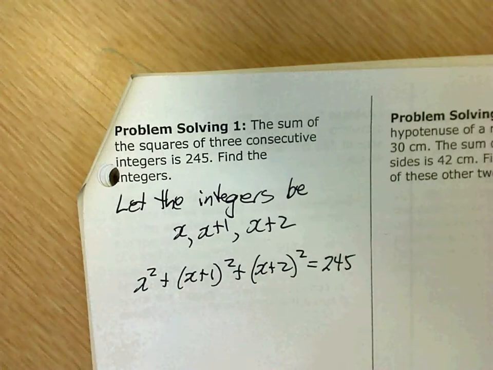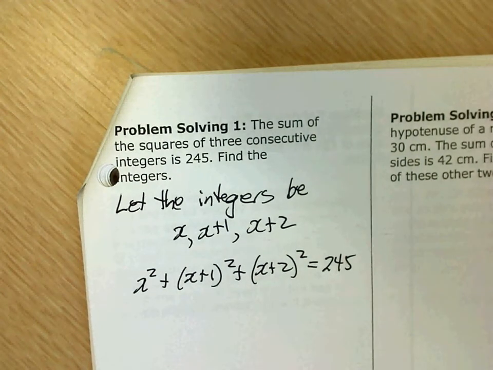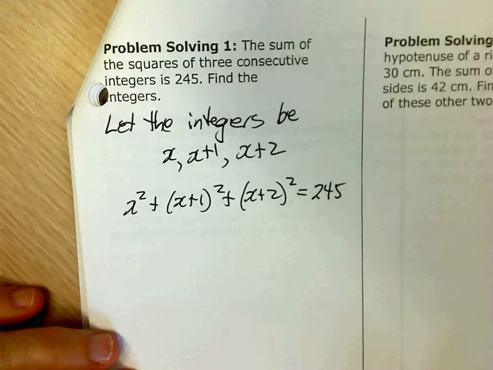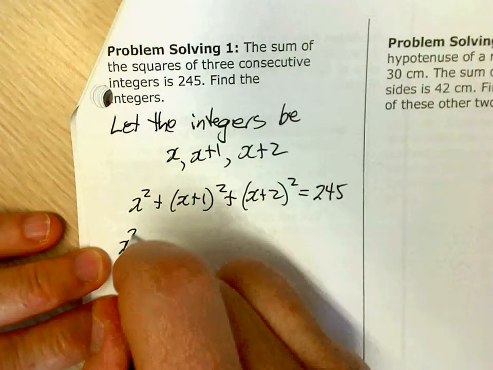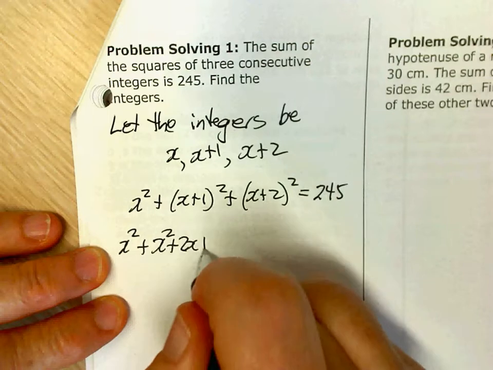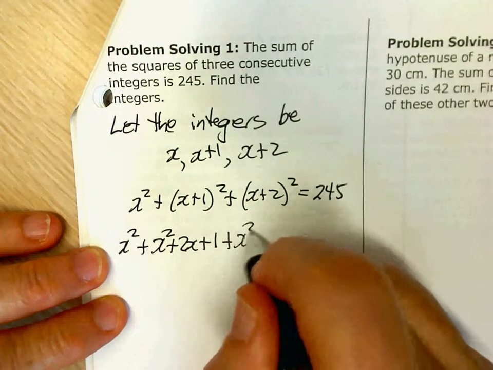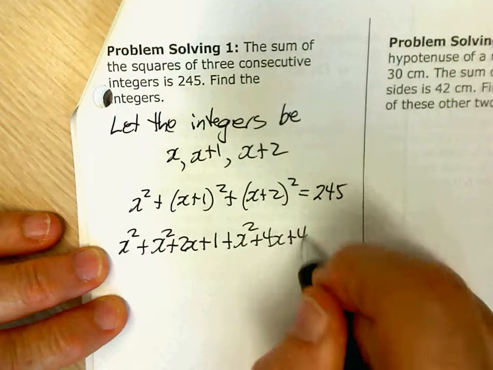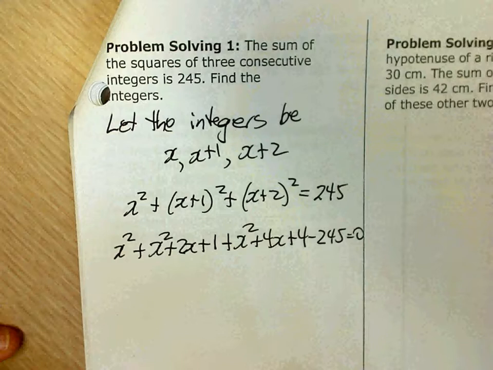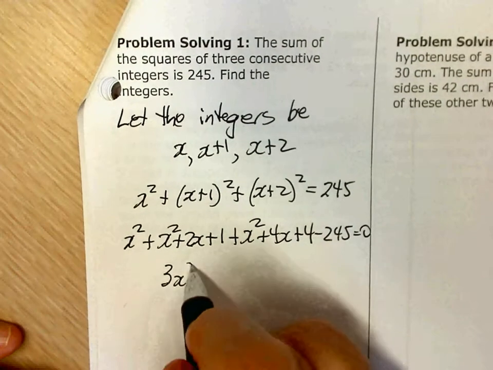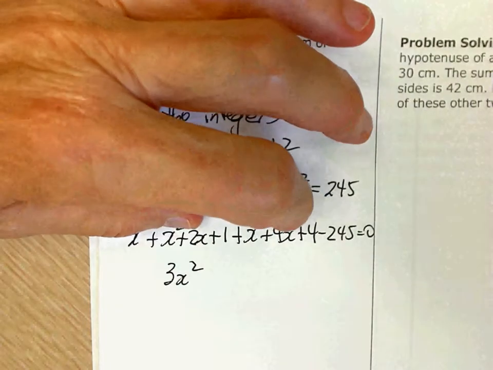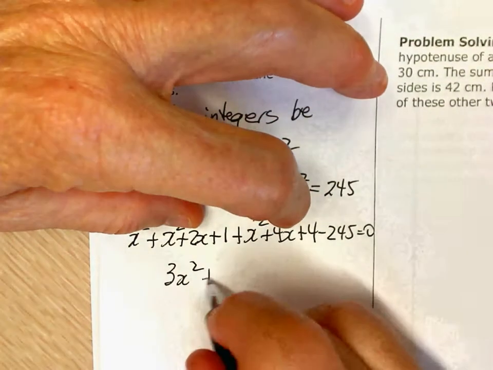So let's FOIL, collect like terms, and we'll decide how to solve. This FOILed is x squared plus 2x plus 1 plus x squared plus 4x plus 4 minus 245 equals 0. So we have 3x squared plus 6x minus 240 equals 0.